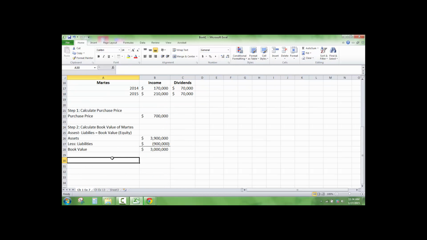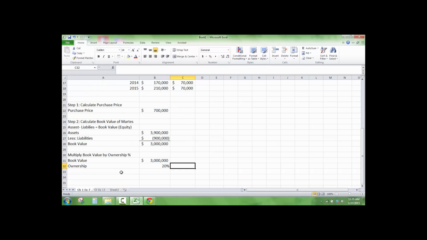Then we are going to multiply book value by ownership percentage, which is 20%.